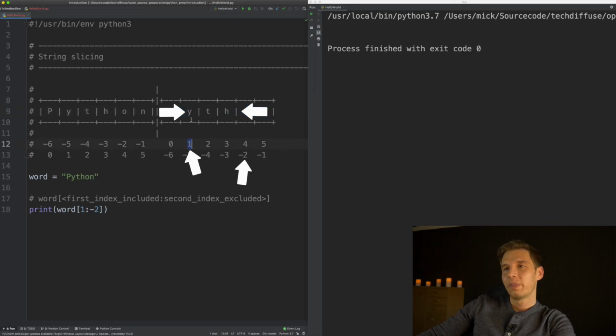Again, 1 equals Y, and -2 equals O. So we go from Y, T, H, O. O is excluded, so we expect there to be written Y, T, H. And let's print it out, and this is exactly what happens.